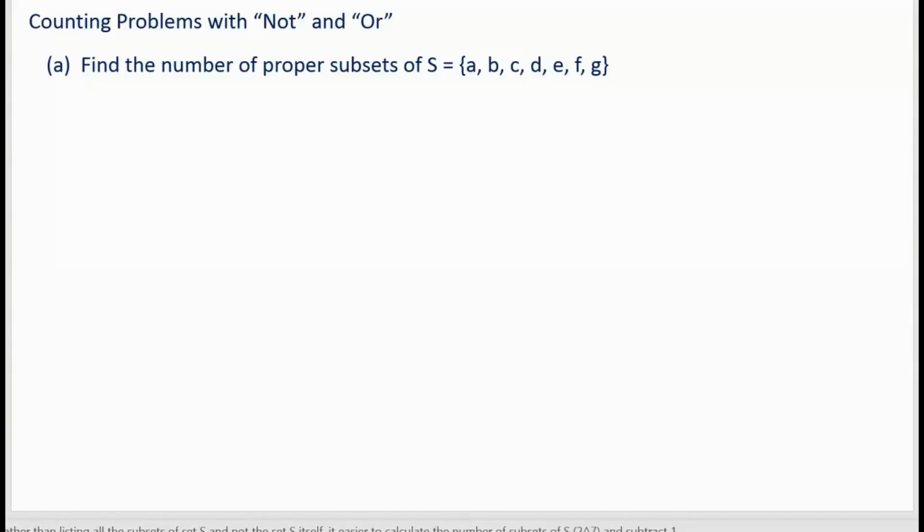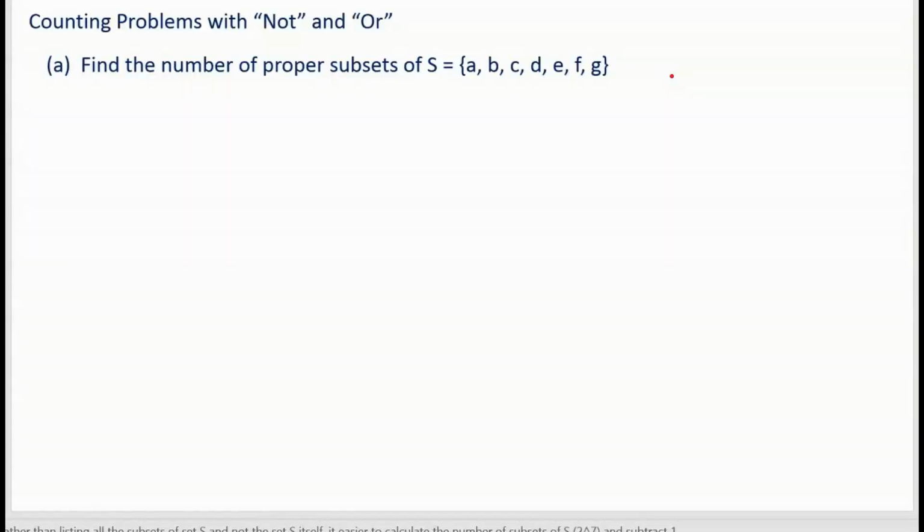The subset A, B, C, D, E, F, G, every single element in the set, is a subset, but it's not included in the list of proper subsets. So proper subsets are always smaller than the original set, right?